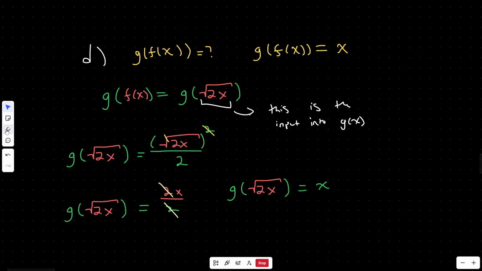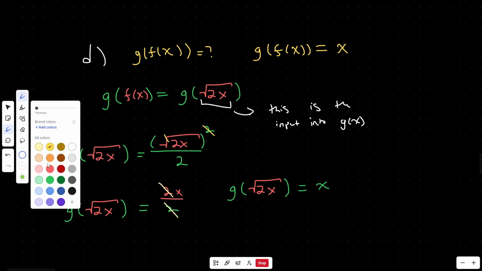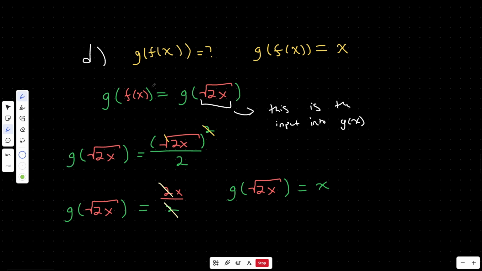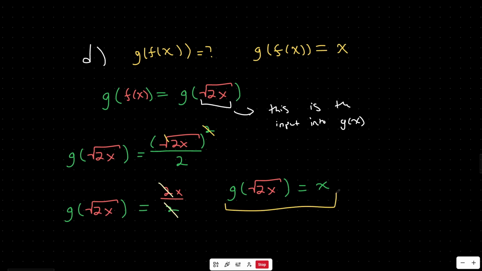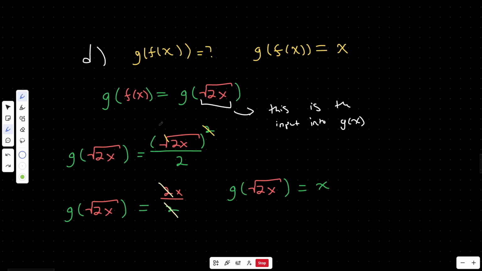Now again, we may think we're done with this question, but we're actually missing another key piece of information. When we're solving a composite function, we have to account for every single step. If we just base our answer off this last step, then we might actually be wrong. Because if you look at our original process, we're solving for g of f of x, and we notice there's a square root right there.